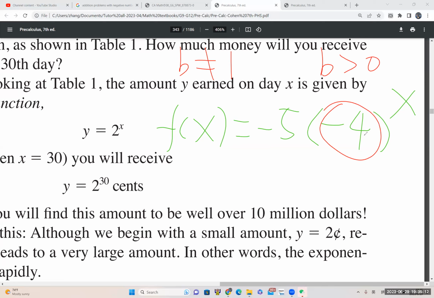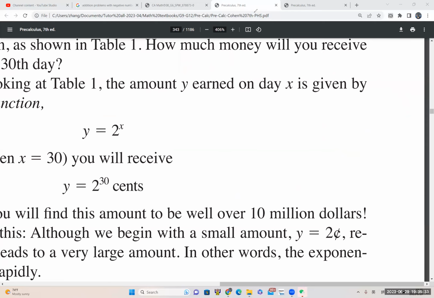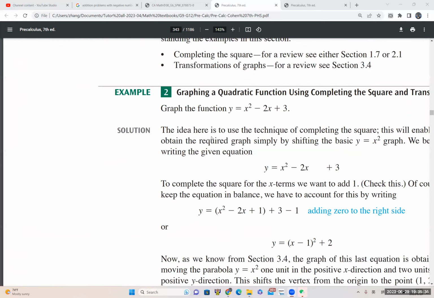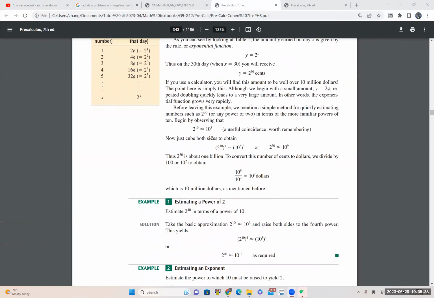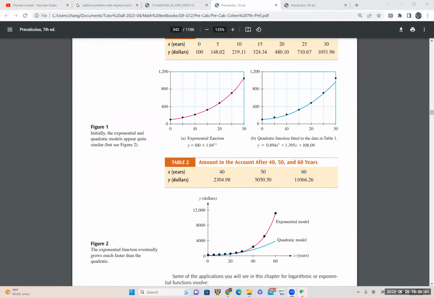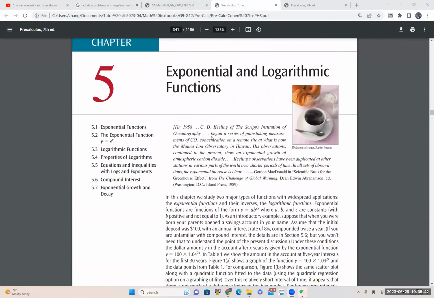For example, when x is half, what's this equal to? 2i. Yeah, it means it's not a real number, right? So that's the reason we don't call it an exponential function. Anyway, it's too complicated.